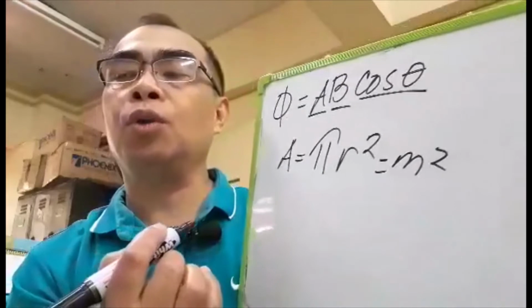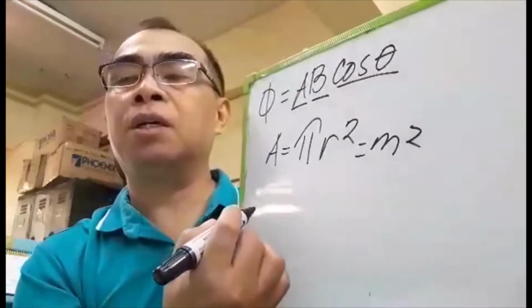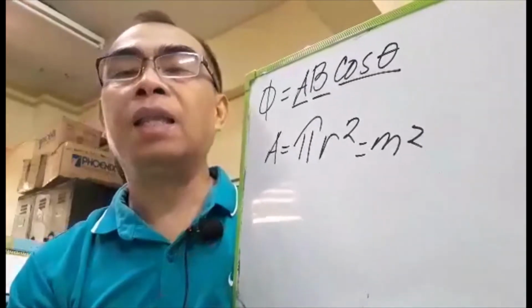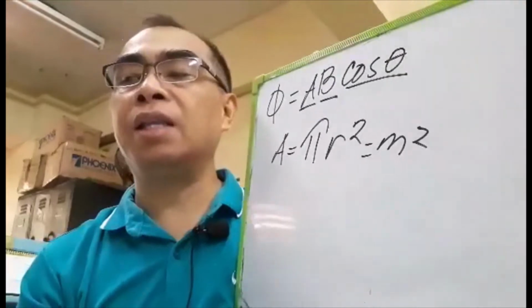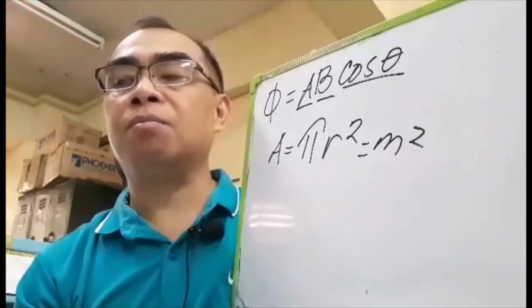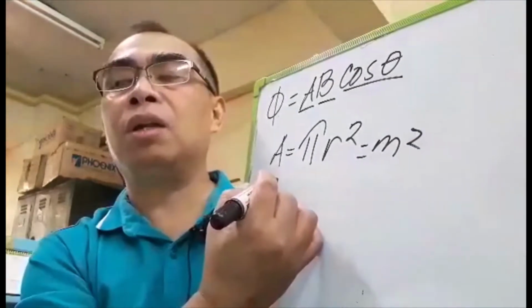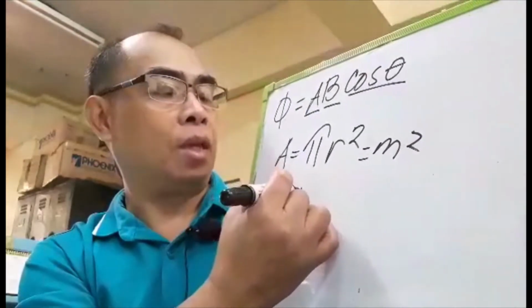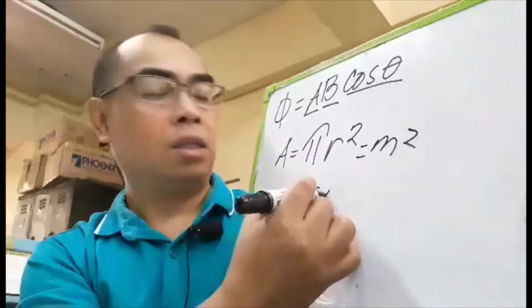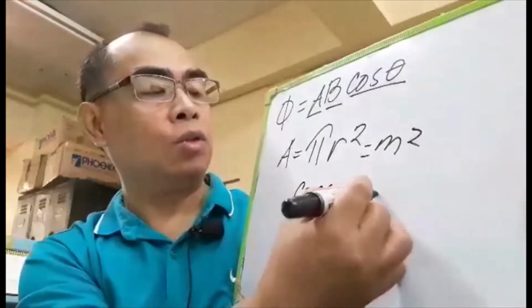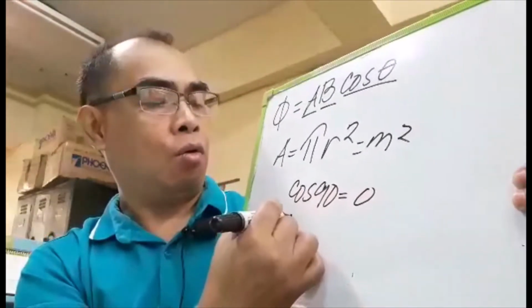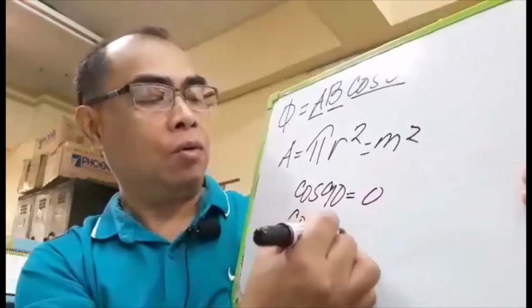As I've told you, if the line is perpendicular to the area inside the loop, that is the maximum magnetic flux. If it is perpendicular, the angle is 90. Cosine 90 is equal to 0. Cosine 0 is equal to 1.